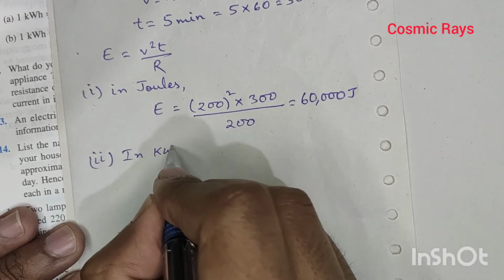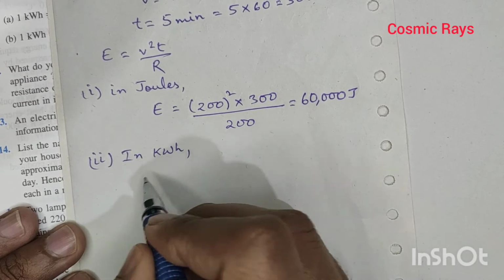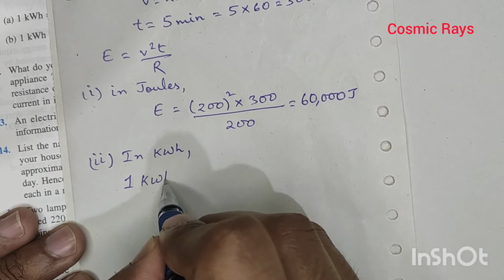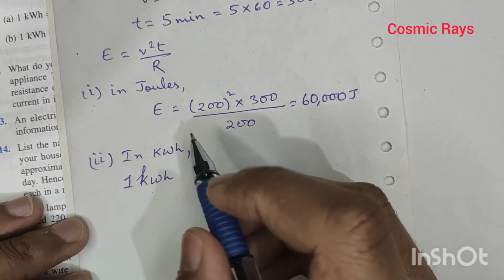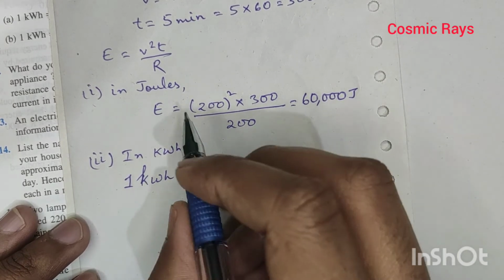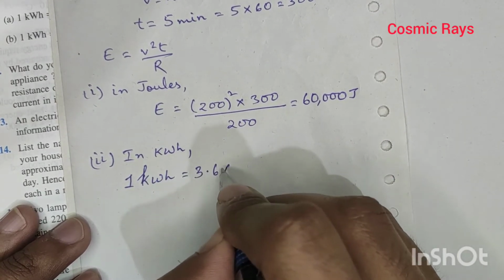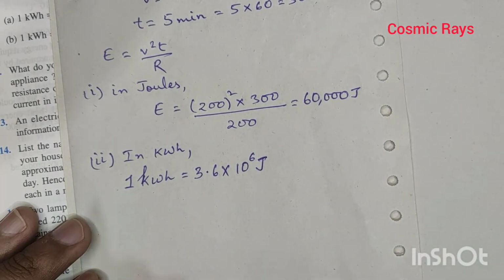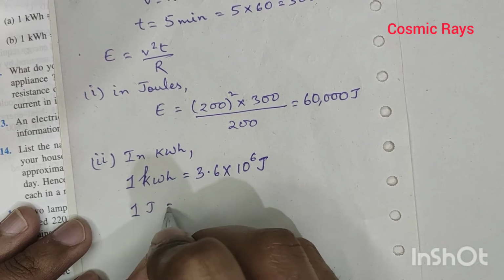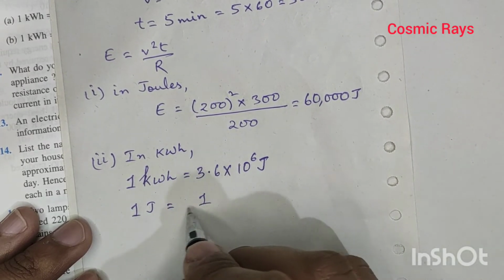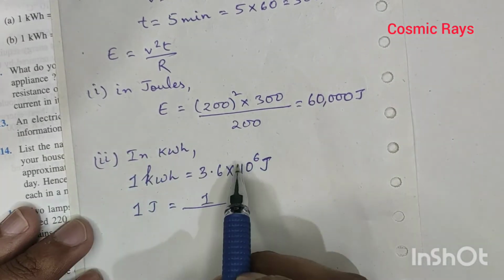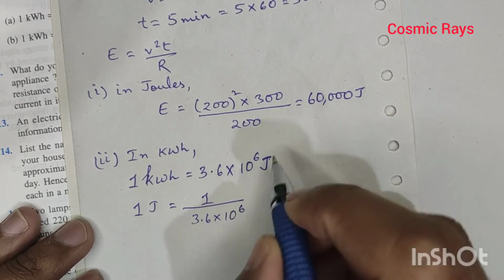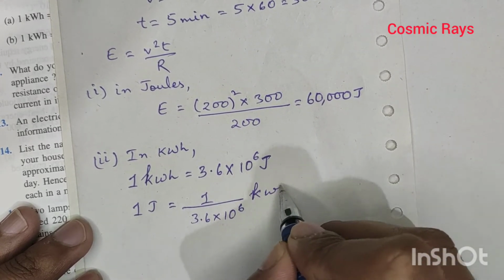Now the second part of the question says we have to calculate it in kilowatt hour. So if you have read the chapter, you will come across this conversion, the relation between kilowatt hour and joule. It is 1 kilowatt hour is 3.6 into 10 raised to the power 6 joules. Now from here 1 joule would be 1 divided by 3.6 into 10 raised to the power 6 kilowatt hour.